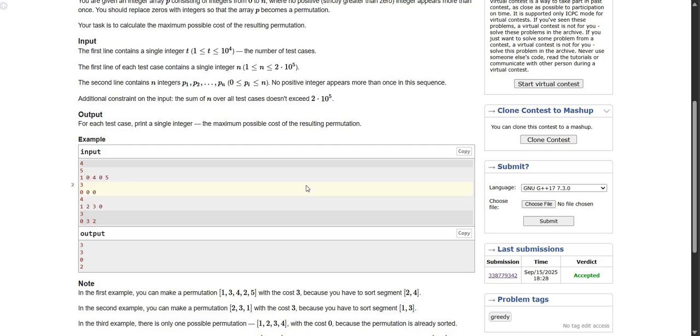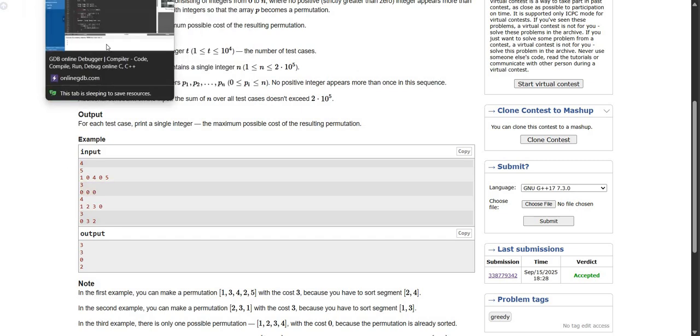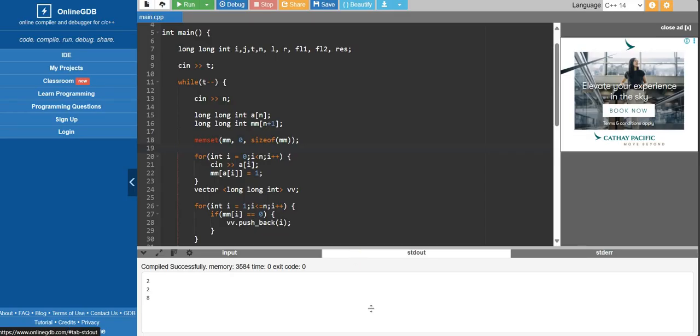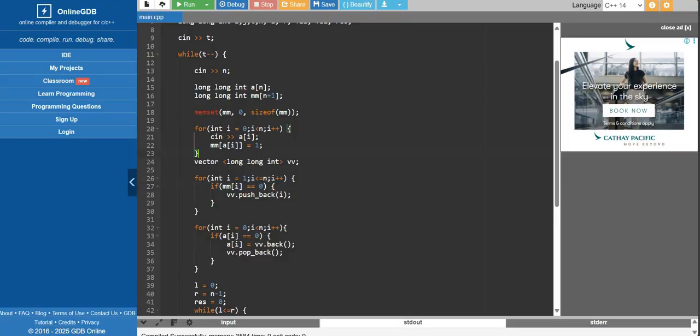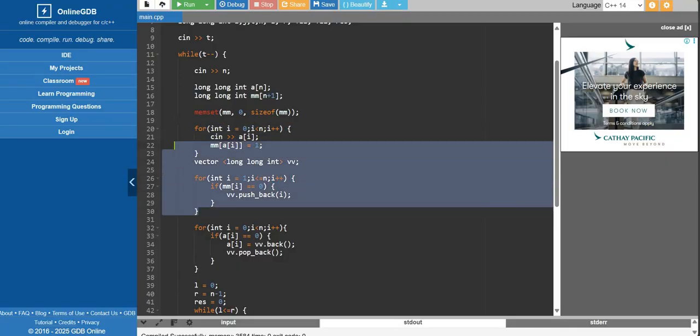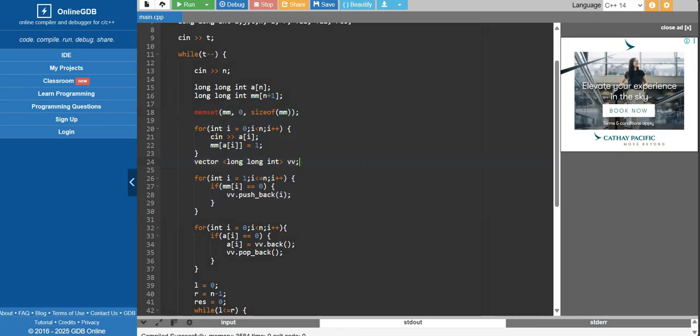So that's how we would be solving this problem. Let's take a look at the code section here. I think it will be much easier. Okay, so this is the code section. You see, I took the values. This is the part where I cover the 0 values with the values that are required.